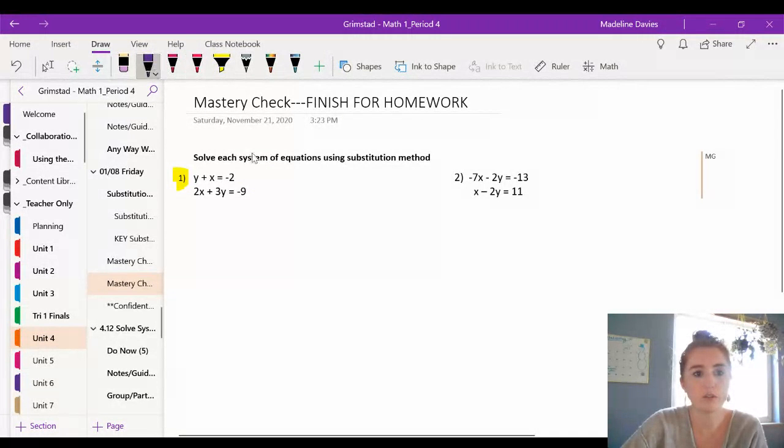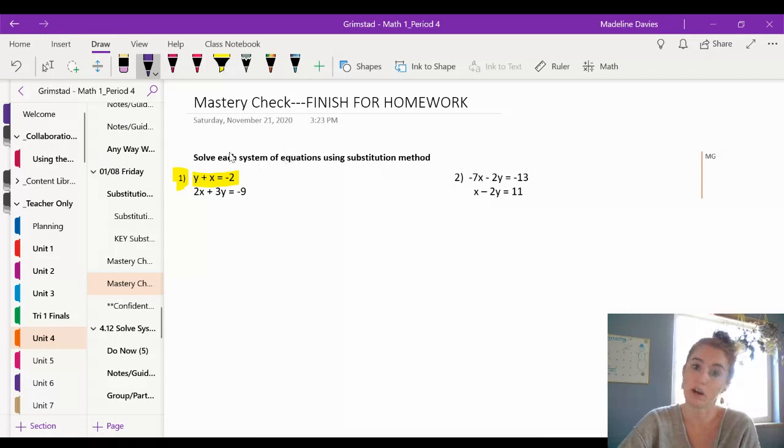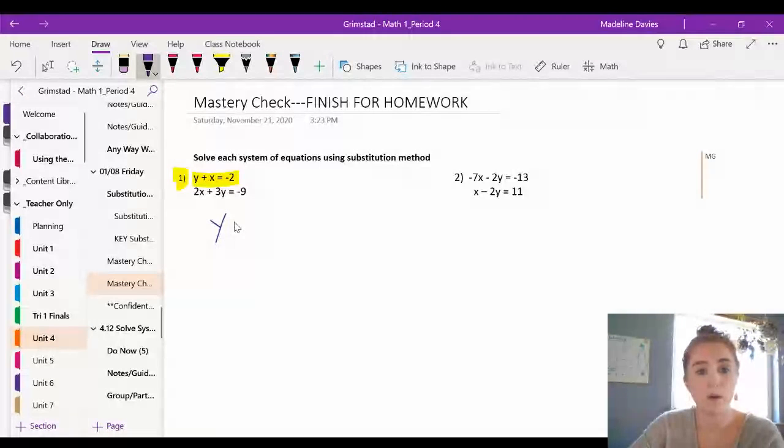If I'm going to rewrite one of these, I want to look at the easier one to rewrite, which in this case looks like this guy. And you can always try the other one, and if it's too hard, try the other one. So I have y plus x equals -2, and I want to get y by itself. This one's pretty straightforward.